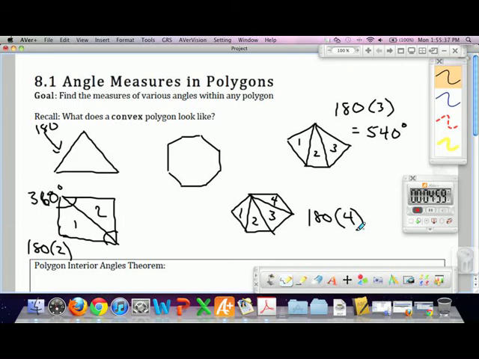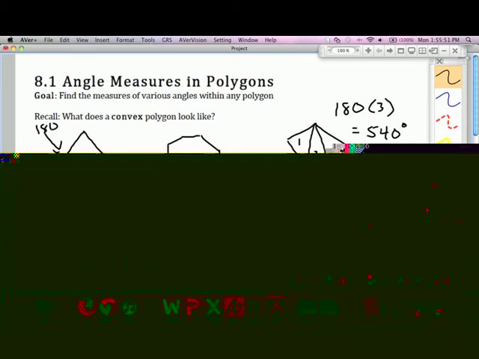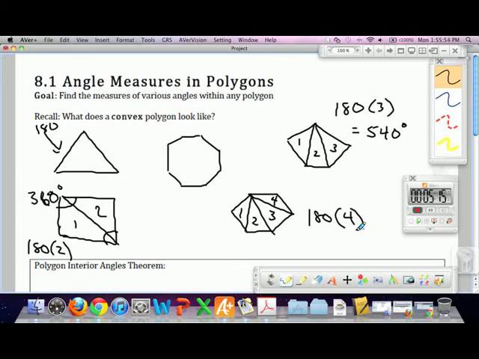How many if there were 4 sides? 5 sides? 6 sides? So how many triangles do you think I can draw if there are 8 sides? 6 of them. If you wanted to draw them in, 1, 2, 3, 4, 5, 6 triangles.